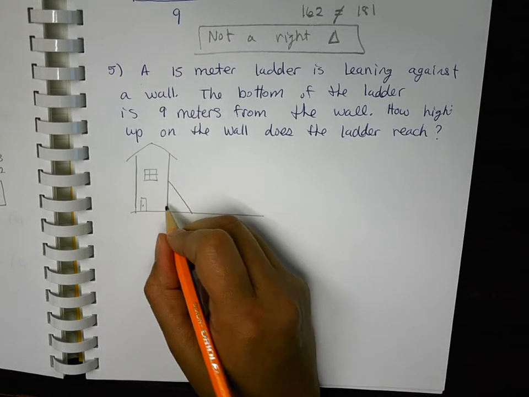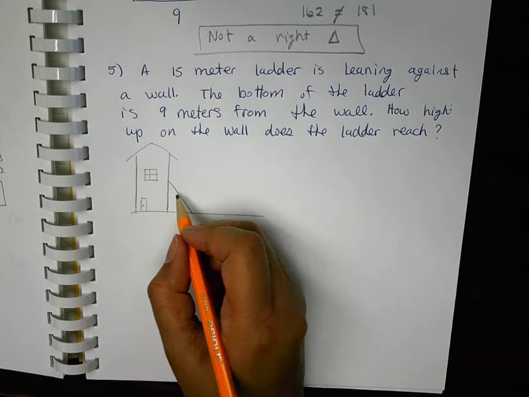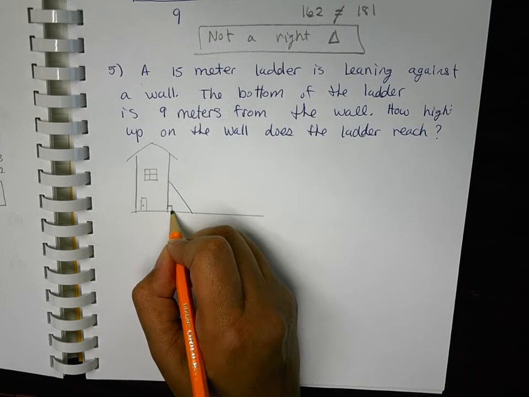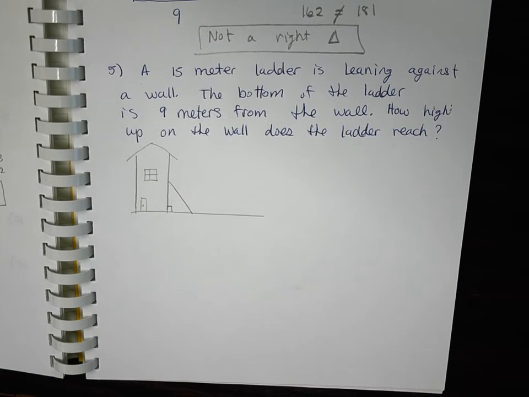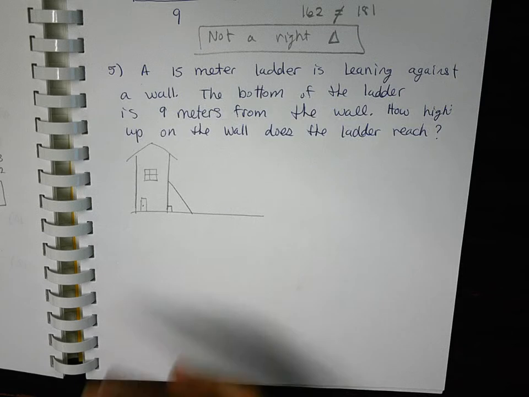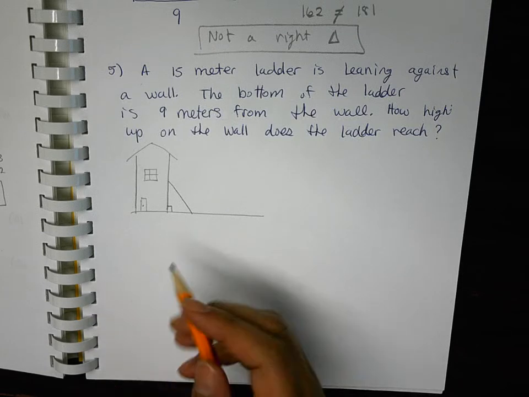Now, what do we know about buildings and the ground? What angle is right here? A right angle. We don't need to be told that. We know buildings are built perpendicular to the ground, unless stated otherwise. Of course, there's some special rare cases, but unless specified, our house is perpendicular to the ground.